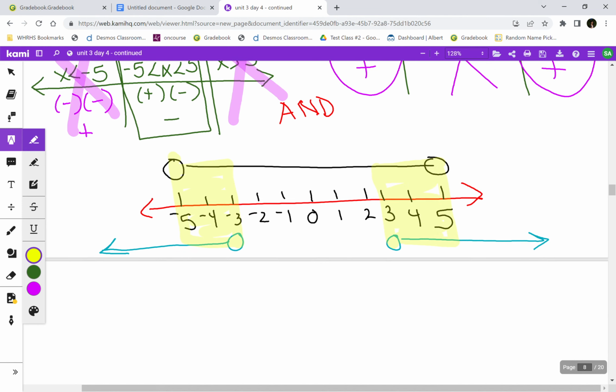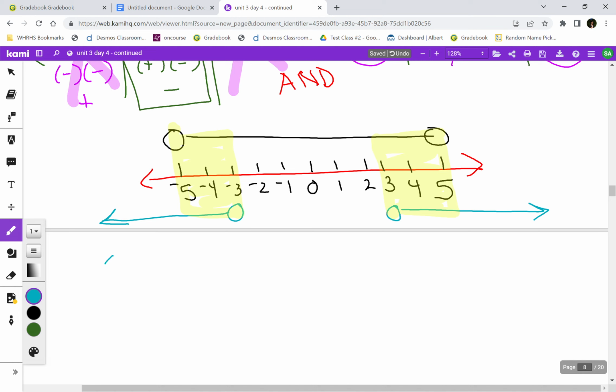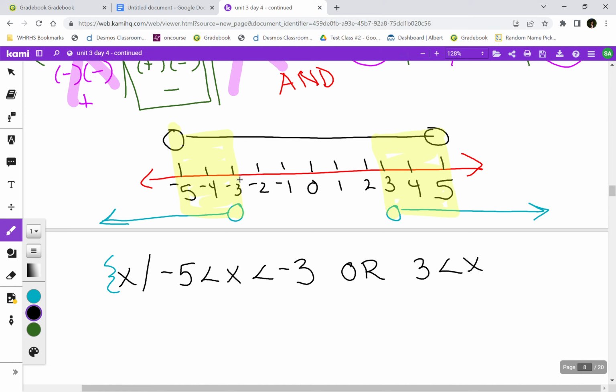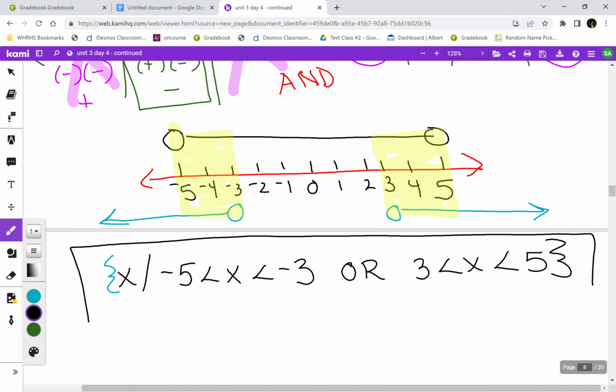So the way you write this final solution, we make our squiggly brackets, x such that we're going to go to the left. We are -5 is less than x, which is less than -3. Or 3 is less than x, which is less than 5. And that is the solution.